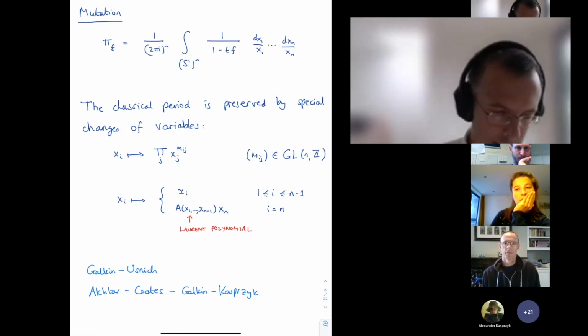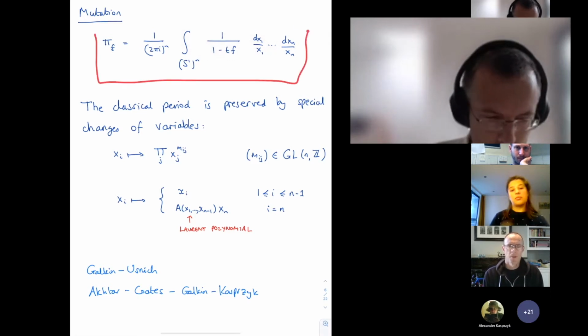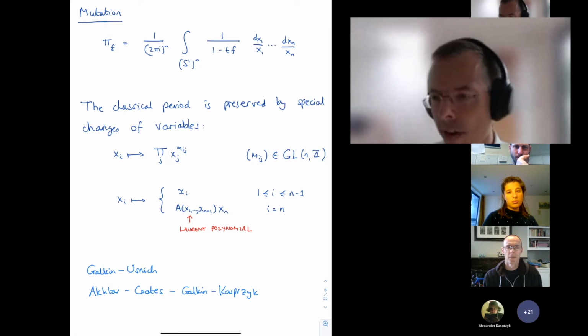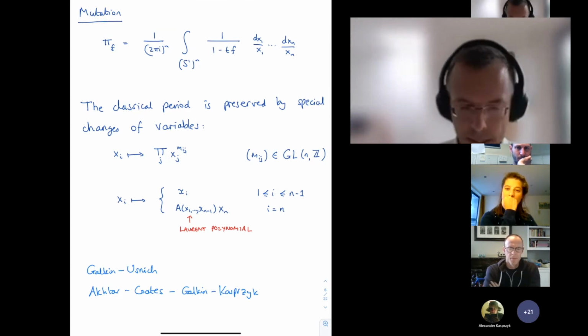we're thinking about Laurent polynomials, and we're thinking about their classical period, this thing. But there are special changes of variables, of a special form, which preserve the classical period.